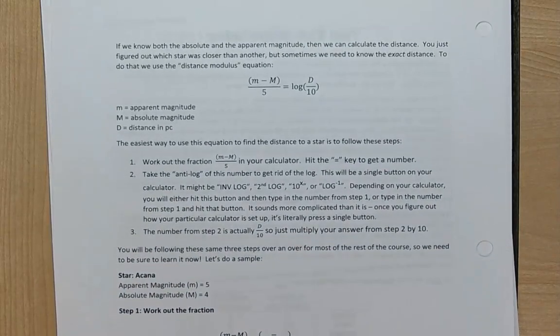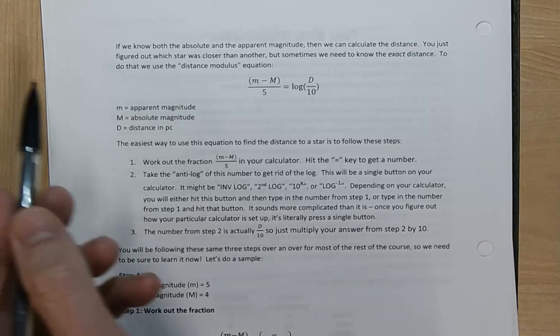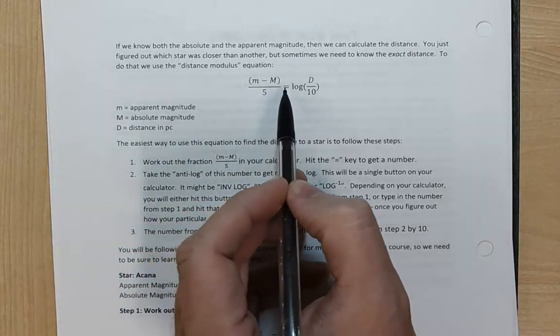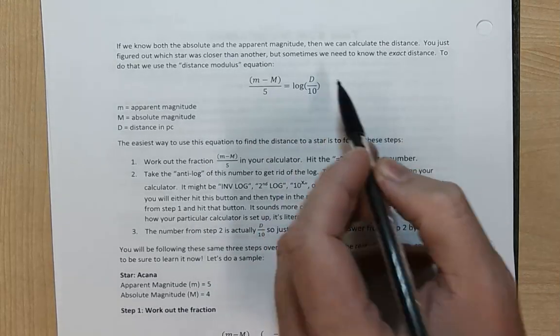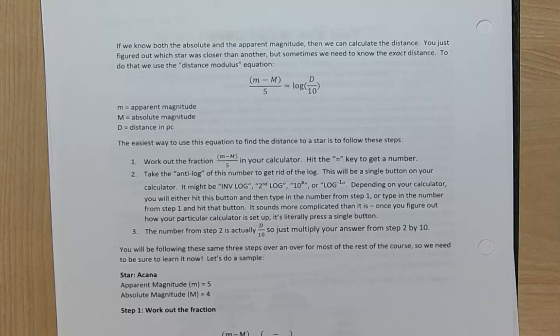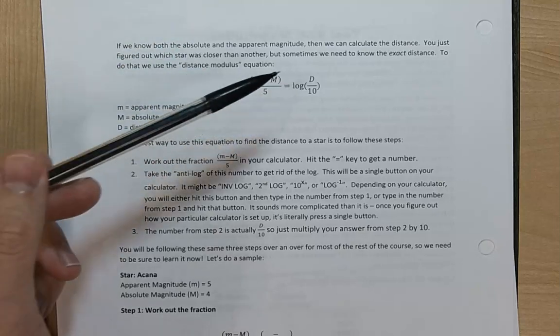If you want the actual distance in parsecs, then you need to solve this distance modulus equation. And right, little m is always the apparent magnitude, big M is always the absolute magnitude, d is always the distance in parsecs, and now we want to solve, if we know the apparent and the absolute magnitude, then we can solve for the distance.